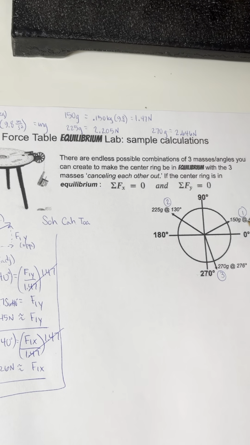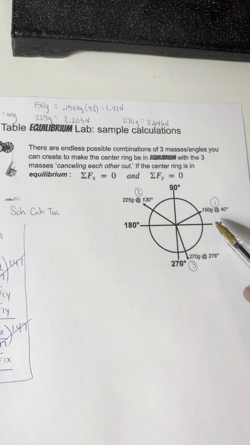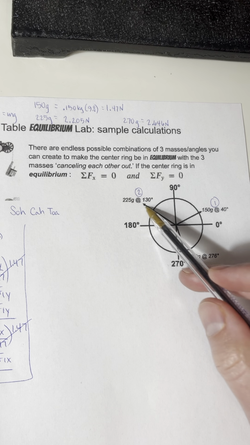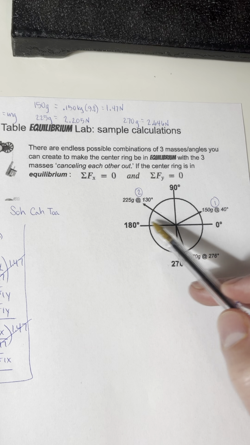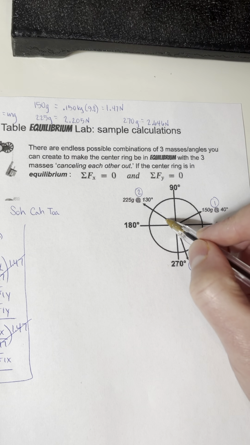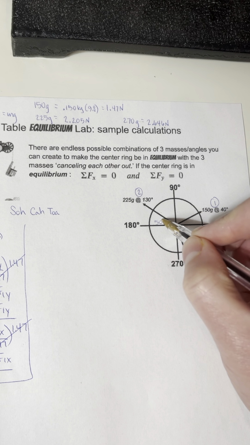So if we look at force 2 here, relative to the 0-degree mark on the force table, it's at 130 degrees. But if we're going to look at this triangle in isolation, we're just going to zoom in on this. Well, if this is the 180-degree mark and this is 130, we can label this as a 50-degree angle.